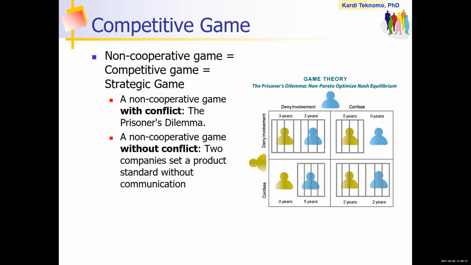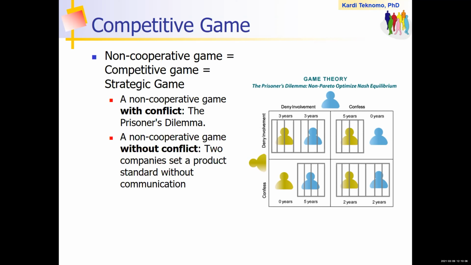Later on, we will discuss the prisoner's dilemma game. This is an example of a non-cooperative game with conflict. Another possibility is a non-cooperative game without conflict. For example, two companies set a product standard without communication.